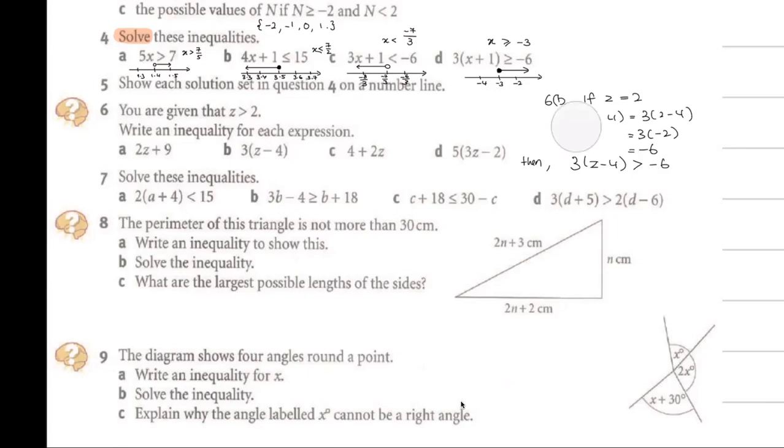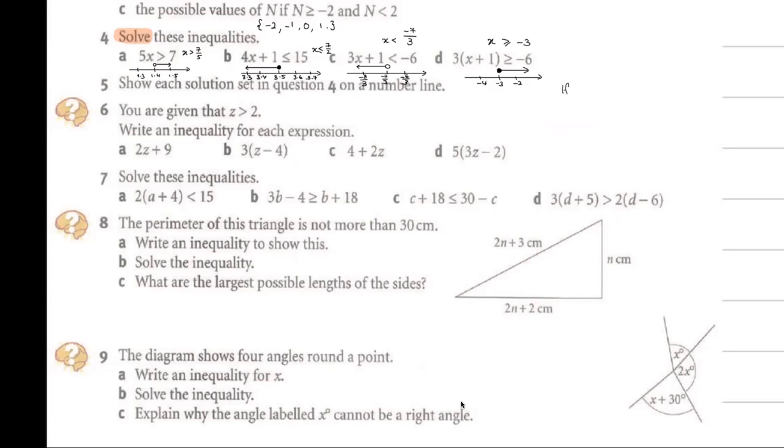Okay, so basically we just need to do the same thing for C and D. So for question 6c, if z is equal to 2, 4 plus 2z is equal to 4 plus 2 times 2, 8. Then 4 plus 2z is more than 8. I hope you understand this one here. It's just giving you a range of possible data.